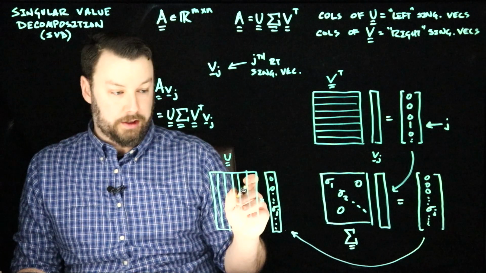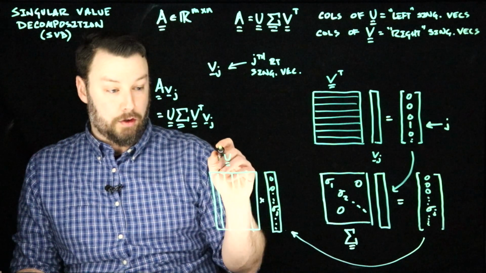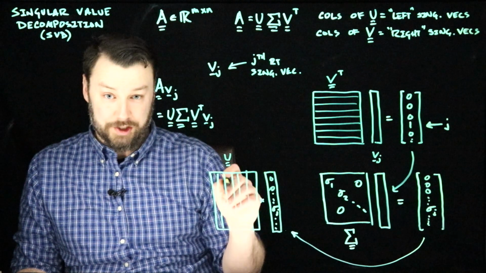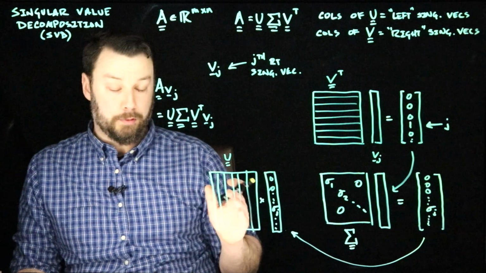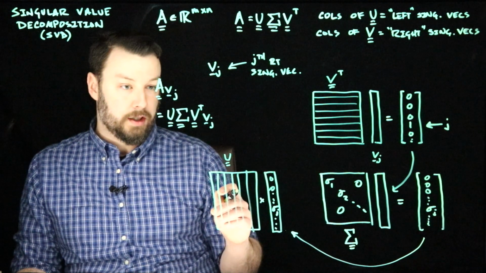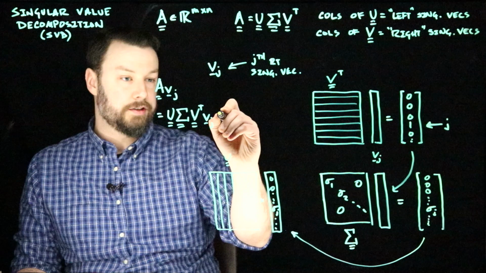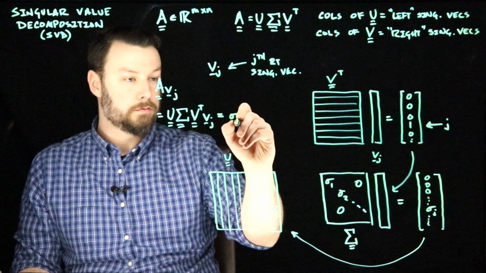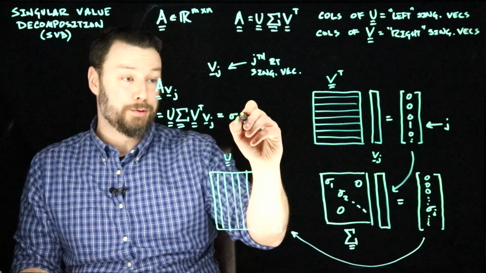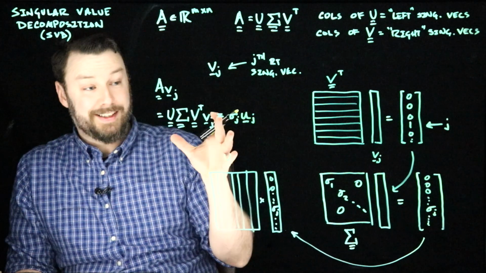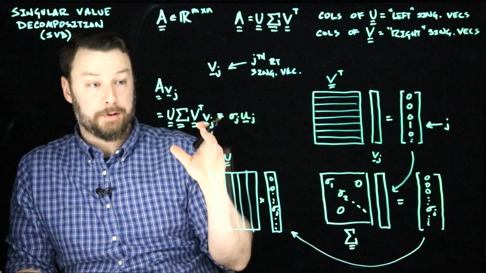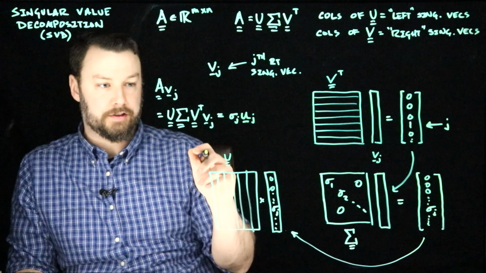This will have the property of slicing out, again, only uj, the jth left singular vector, and multiplying that by sigma j. And so what we see is that this gives us sigma j multiplied by uj.